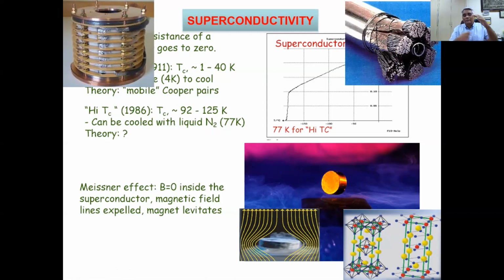You take a copper wire and wind it, and with the Biot-Savart law, the magnetic field can be calculated from the amount of current flowing through the coil and also the number of turns. Basically, your H is equal to Ni by L, where N is the number of turns, I is the current flowing through it, and L is the length of the coil, right?